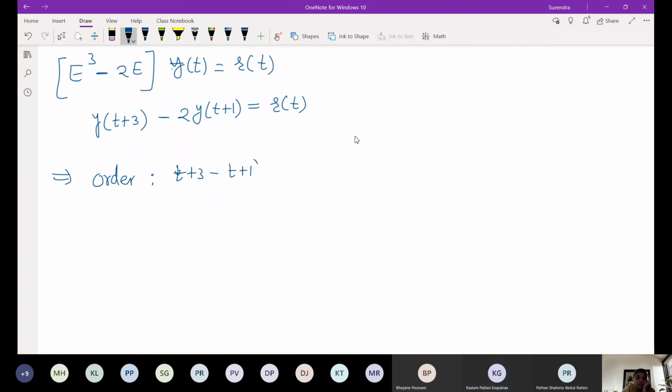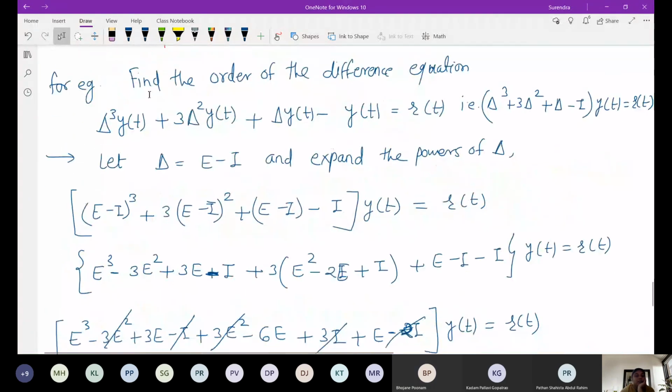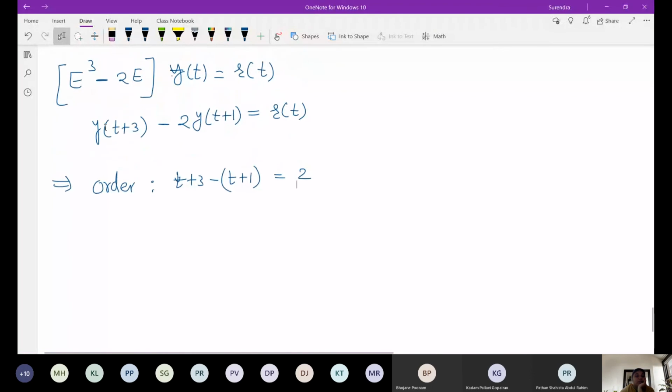So if I directly see from the example, my first intuition is that the order is 3, but it is not so. If I expand it and write in arguments of y, then I will get the correct order.